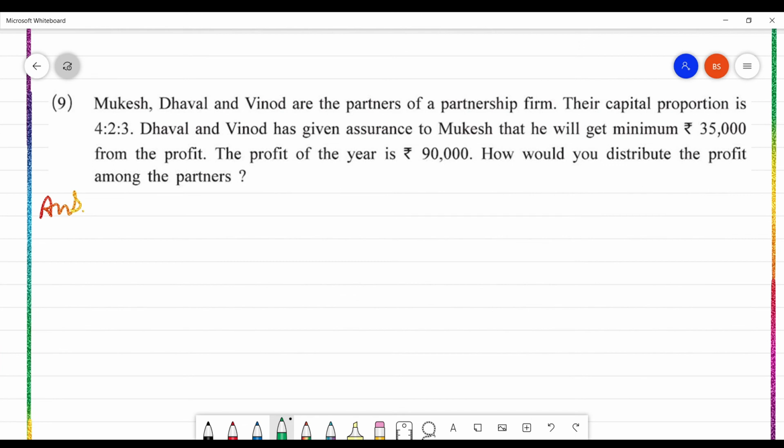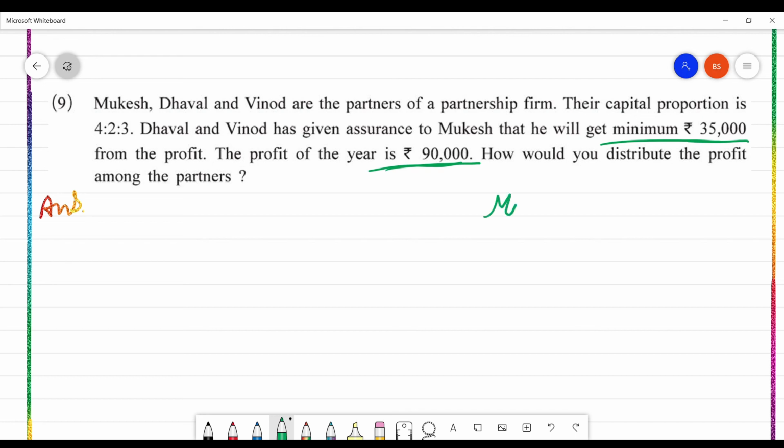Mukesh, Dhaval and Vinod are the partners of a partnership firm. Their capital proportion is 4:2:3. Dhaval and Vinod have given assurance to Mukesh that he will get a minimum of 35,000 from the profit. The profit of the year is 90,000. How would you distribute the profit among the partners?